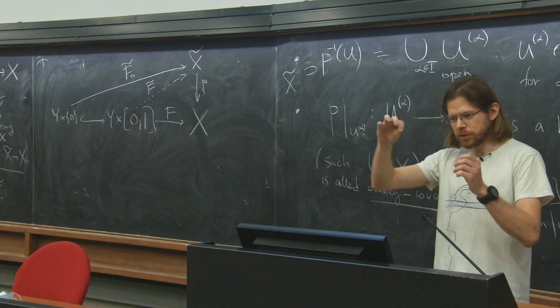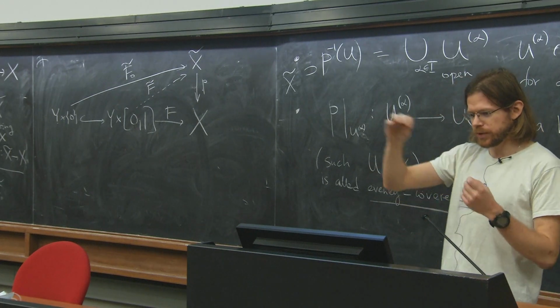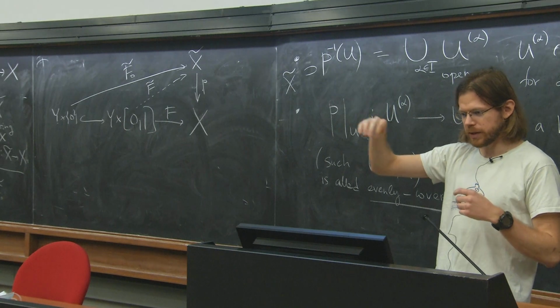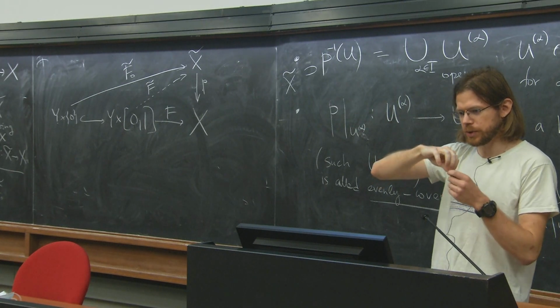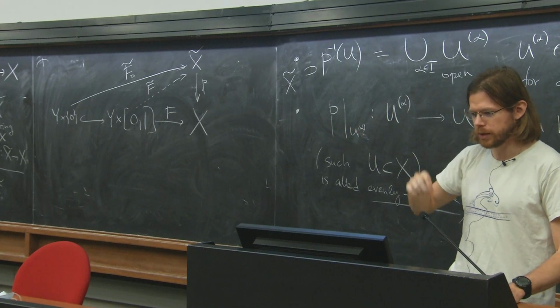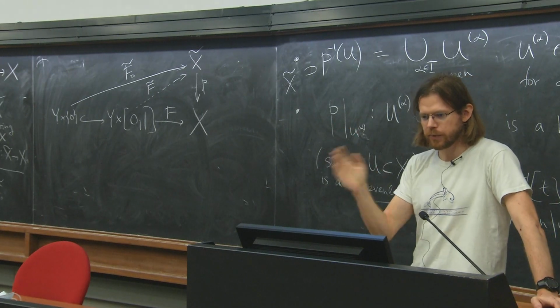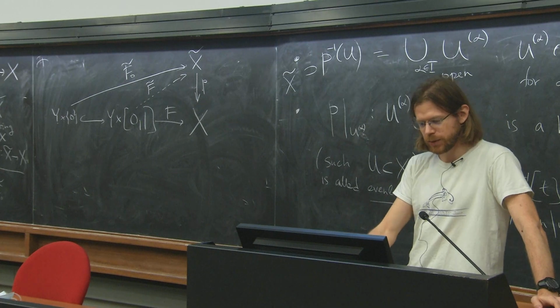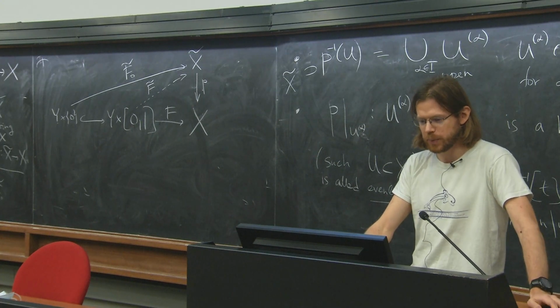Well, it's enough to describe geometrically. If you define some deformation retraction, you should describe geometrically what the image of a point is. It's not necessary to write explicit formulas, but from your description it should be clear what the map is.